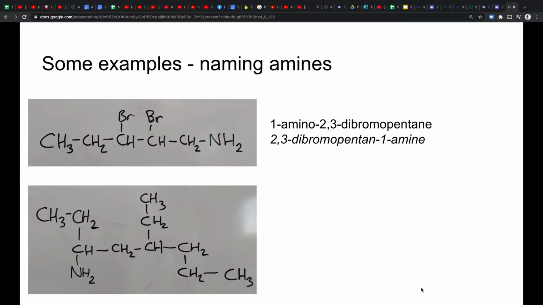Second structure is a bit trickier. I've deliberately drawn it kind of weird.